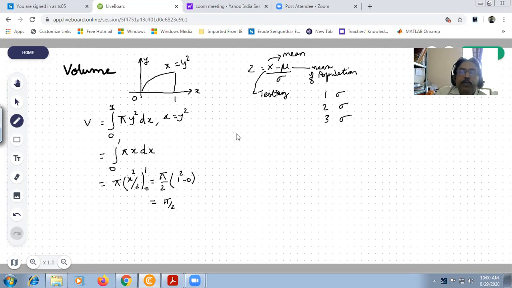Already we have discussed that z = (x − μ)/σ, and here the mean μ is given as 440. So z of x = 438.